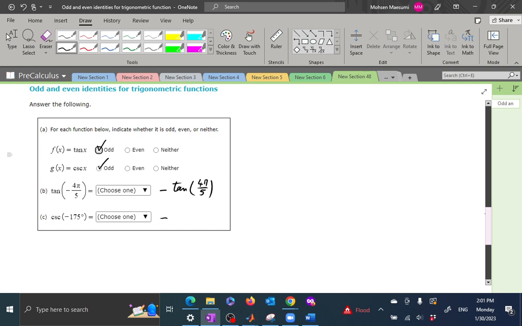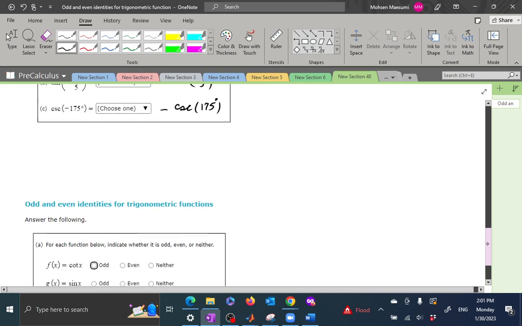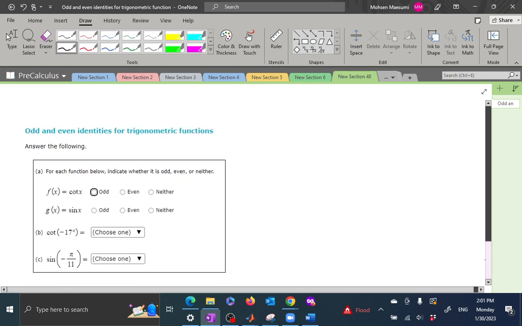Same story here, this is same as minus cosecant of 175 degrees. Cotangent is an odd function, sine is an odd function. This is minus cotangent of 17 degrees, and this is minus sine of pi over 11 radians.